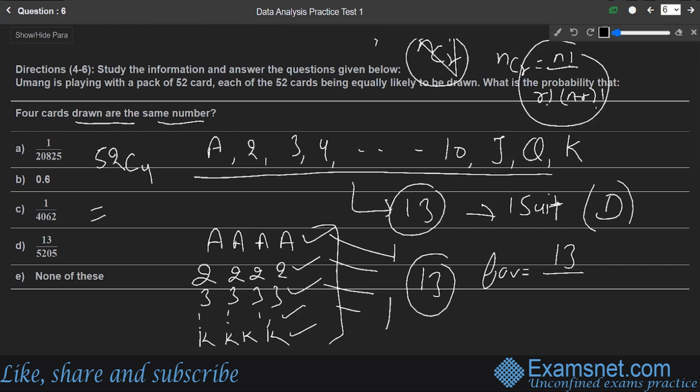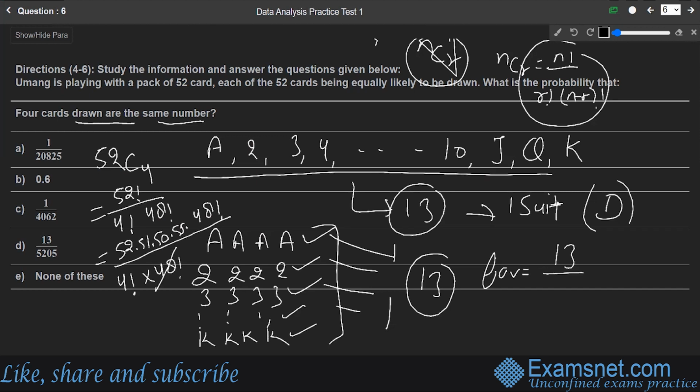How much is 52C4? It is obviously going to be 52 factorial divided by 4 factorial multiplied by (52 minus 4), that is 48 factorial. How can we solve this? This can be 52 into 51 into 50 into 49 into 48 factorial on the numerator side. In the denominator, we have 4 factorial into 48 factorial.